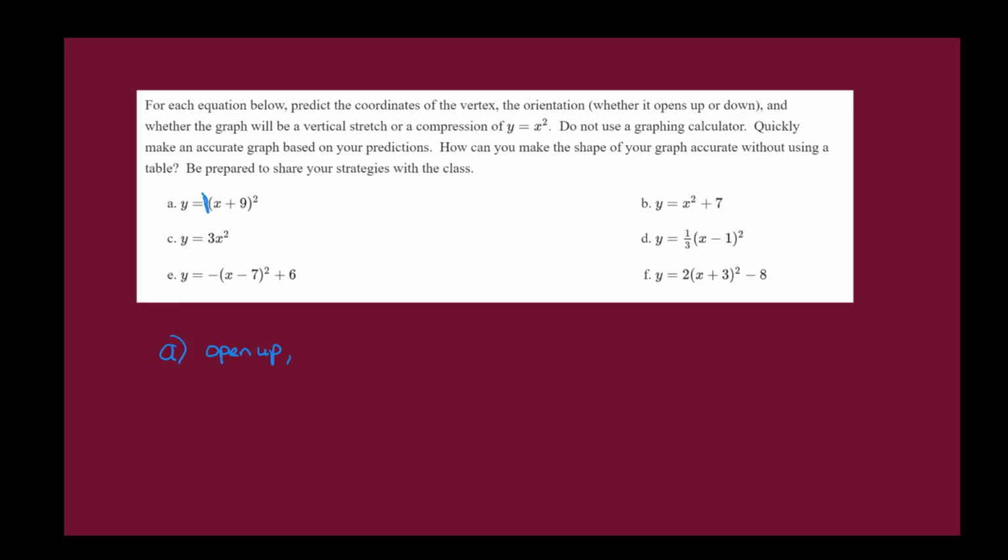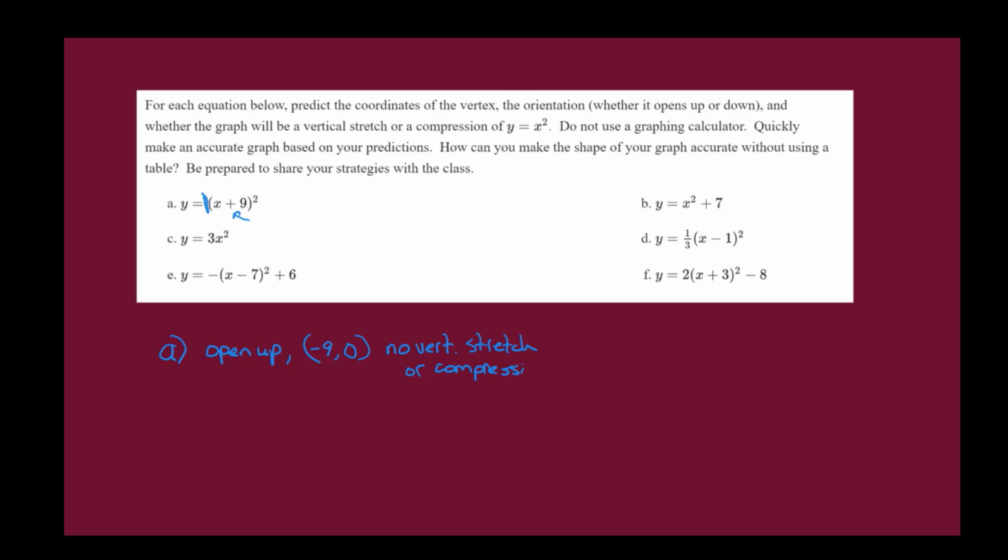The vertex for this one is a horizontal shift to the left, so it's going to be -9, and there's no vertical shift. So -9, 0. It has no vertical stretch or compression because A equals 1. It's not greater than 1 and it's not less than 1.